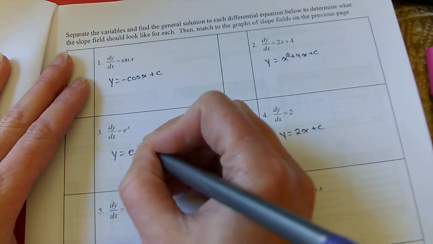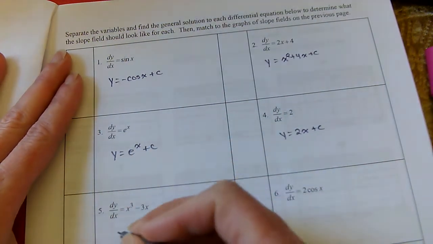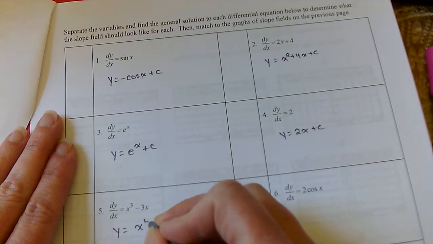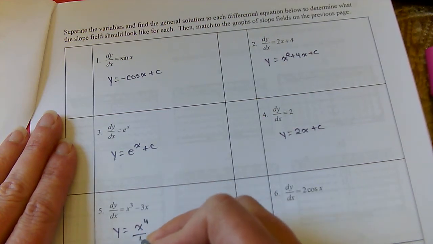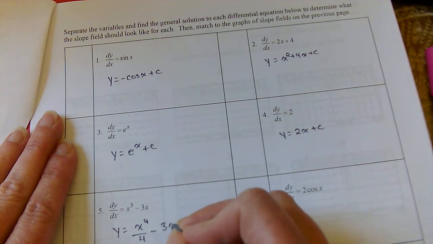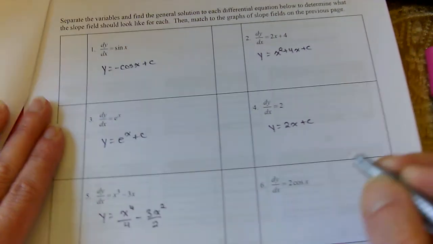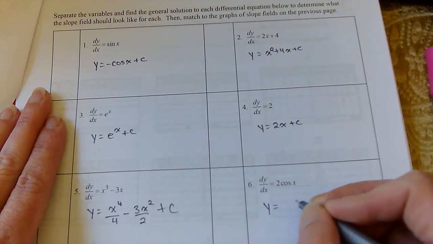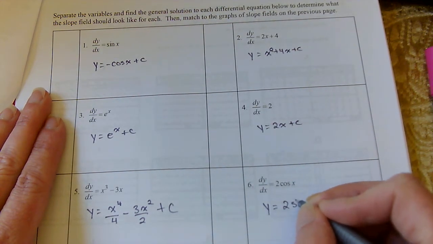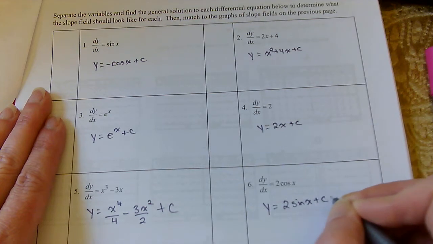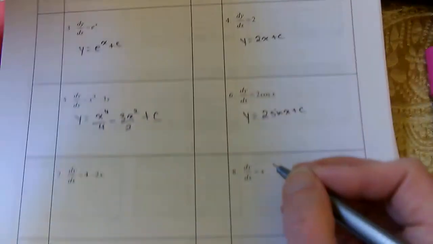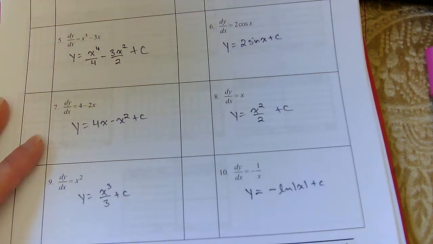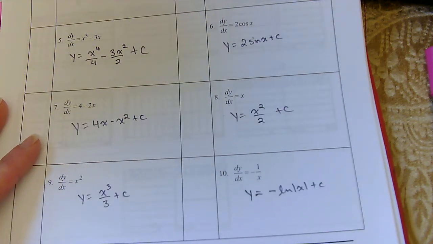This one would be e to the x plus c, and so forth. So I sped up time and finished the rest of them.